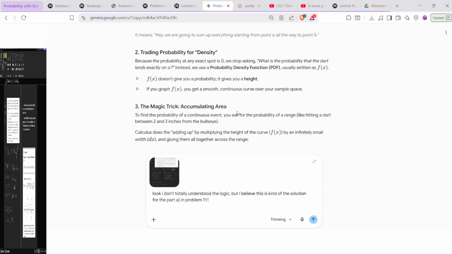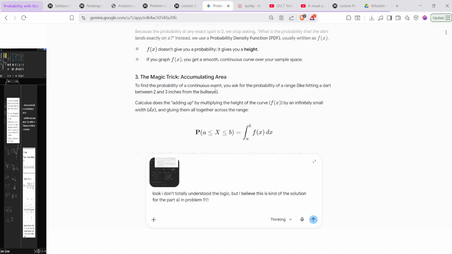F of x instead, we use a probability density function. F doesn't give you a probability, it gives you a height. You graph f of x, you get a smooth continuous curve over your sample space. Accumulated area.